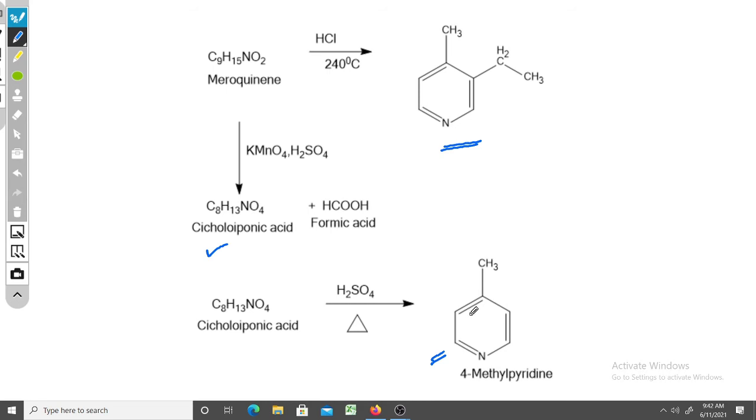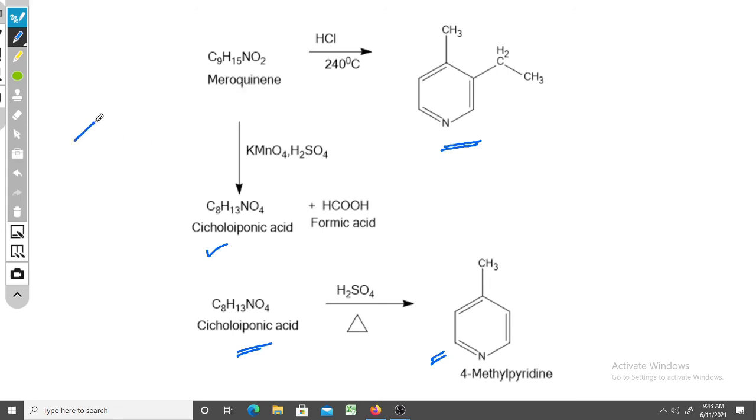The formation of pyridine derivatives from meroquinine and its oxidation product confirms the presence of a 6-membered ring containing nitrogen in meroquinine and in cincholoiponic acid. So we have to know the structure of cincholoiponic acid and that of meroquinine.